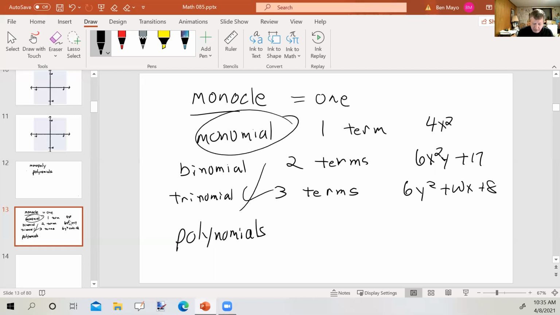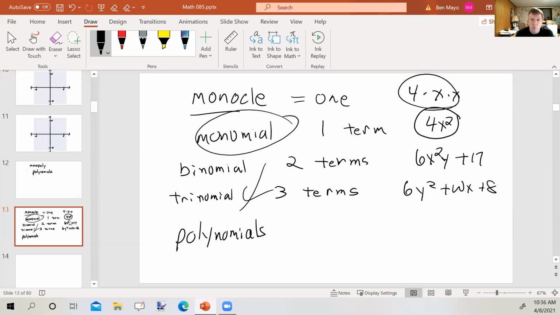Okay? I have a question. Yes. So on the mono, you said it means one and it's one term, right? But how did we get to the second power, like the squared? Okay, and we're going to talk more about that in a minute, but terms are separated by addition signs. So this is a single product of 4 times x times x.